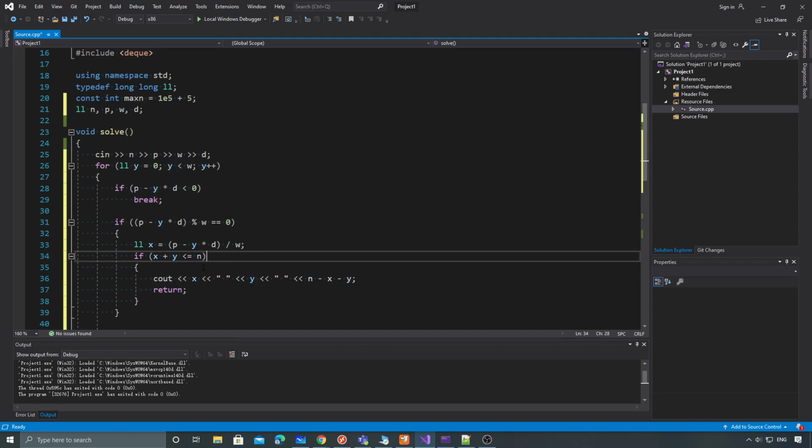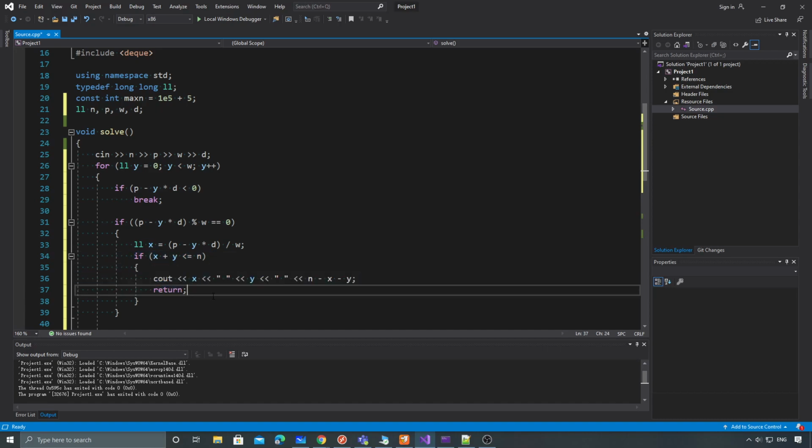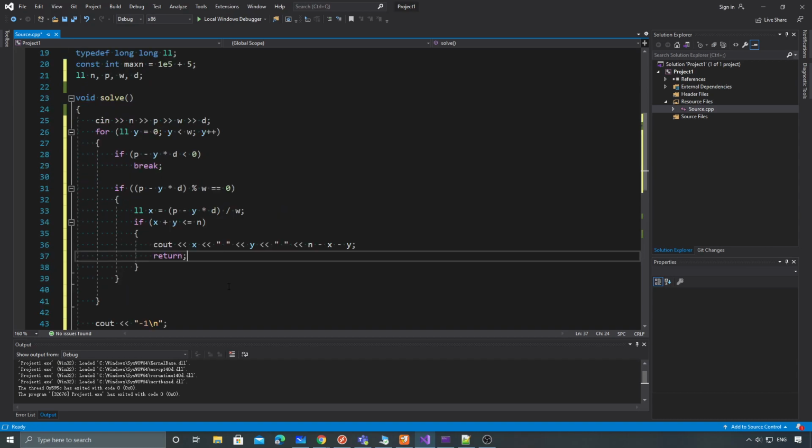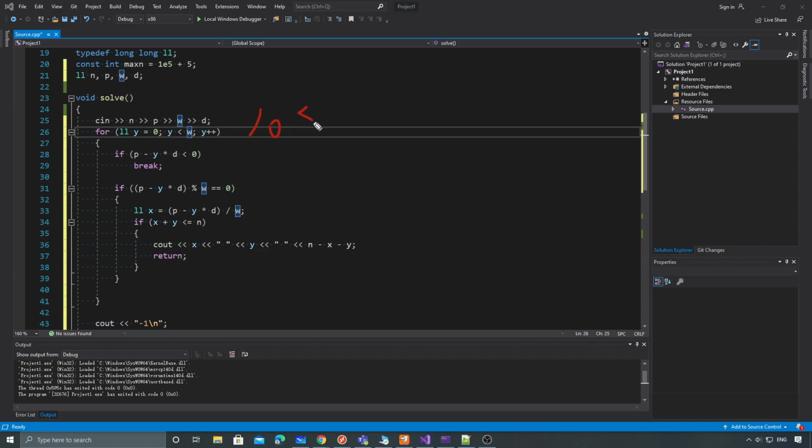So that's why we can just use this first candidate to do the output. And of course, the time complexity for this one is going to be 10 to the power of 5, because that's the range of W here.